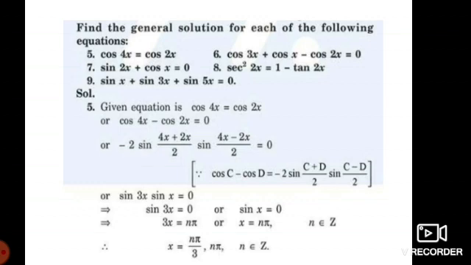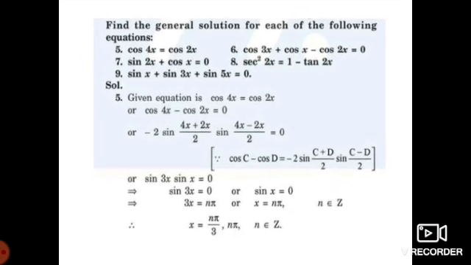This can be written as sin 3x equal to 0 or sin x equal to 0. So when sin 3x equal to 0, it is 3x equal to n pi. This we already learned in the previous session. So sin x equal to 0 means x equal to n pi. From this x equal to n pi by 3 and here x equal to n pi.